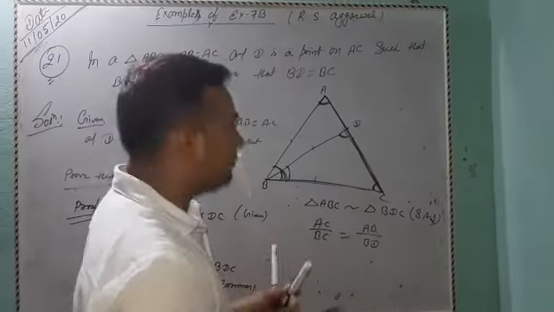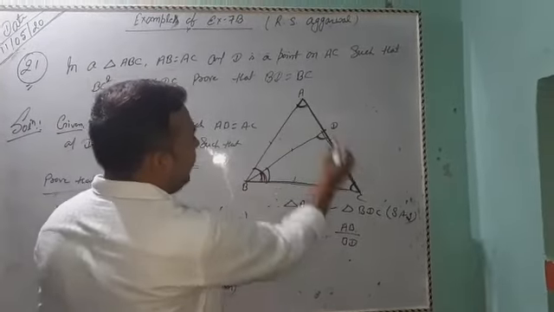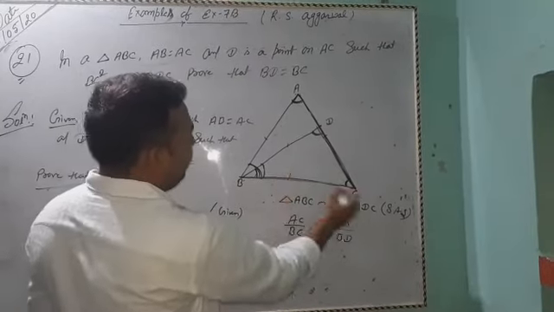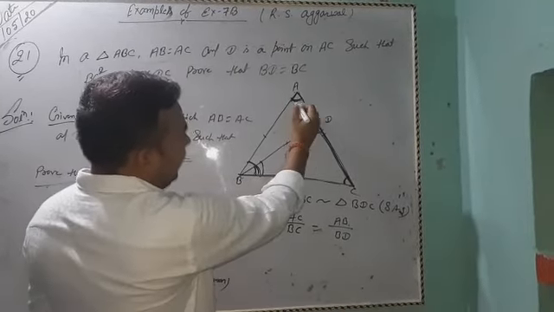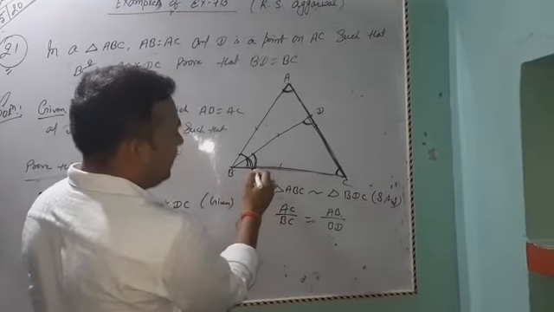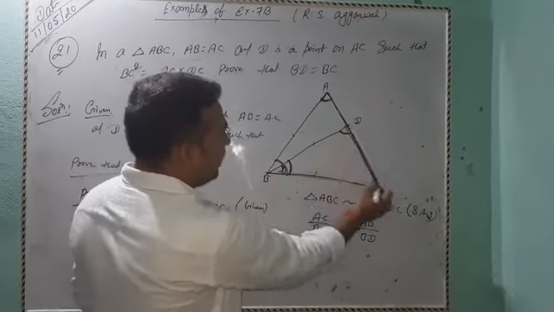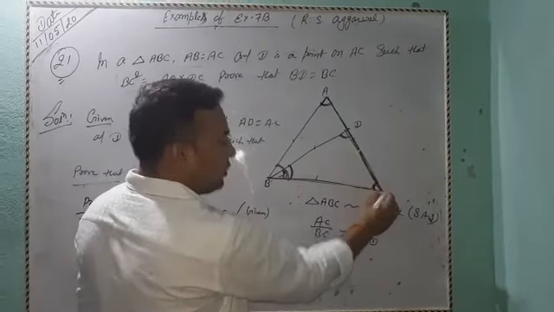Now students understand, in both triangle ABC and triangle BDC, angle A is equal to angle DBC, angle ABC is equal to angle BDC, and angle C is common.